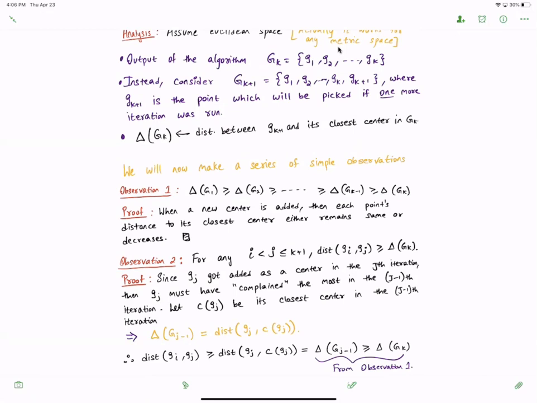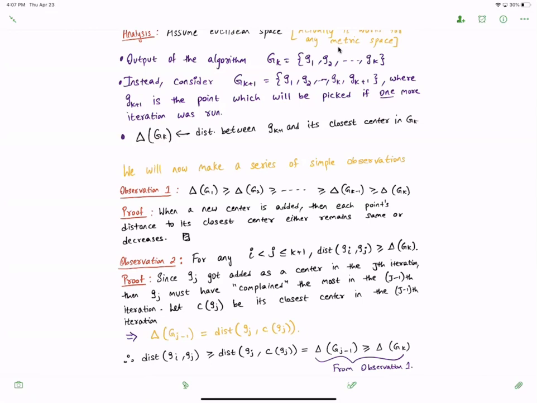So that center that it chose, we are calling C of G_j. Now in orange, I have written that the bottleneck distance after j minus 1 iterations, which is delta of capital G_{j-1}, is exactly the distance between the point G_j and its closest center. It's a simple definition, nothing fancy here.